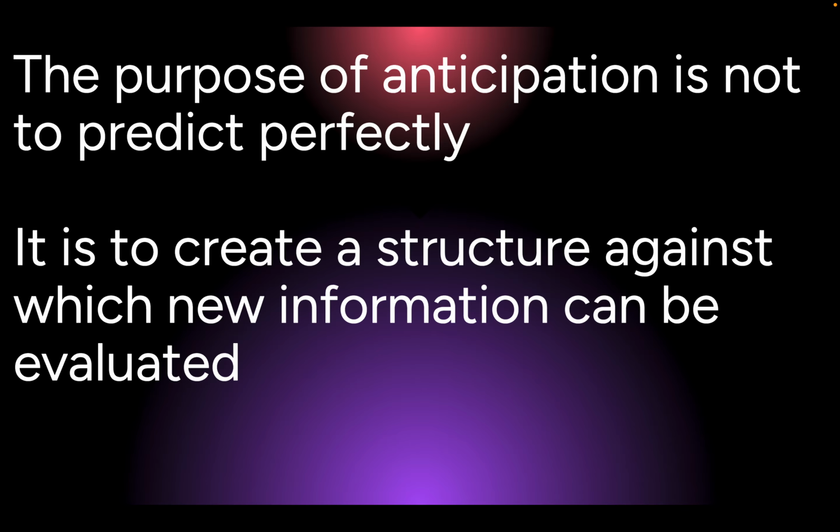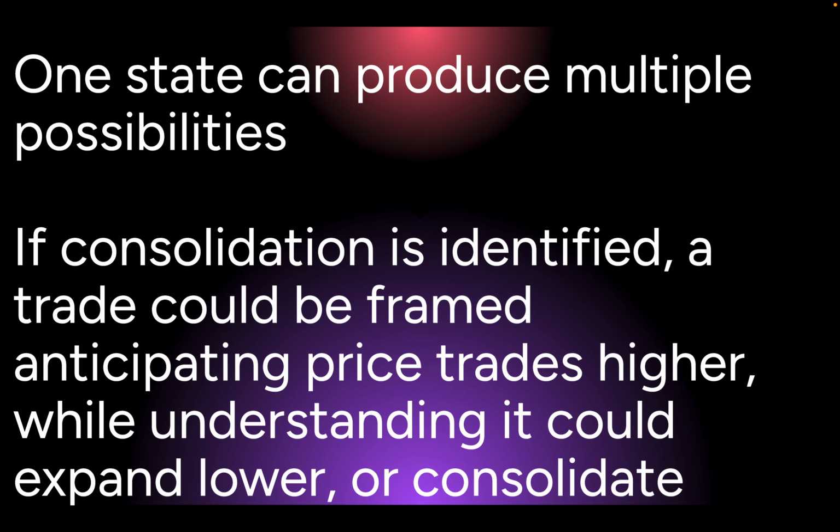The purpose of anticipation is not to predict perfectly. It is to create a structure that you can measure new information against as it comes in, right? One state can produce multiple possibilities. We understand this. Our anticipation could ultimately not pan out, and that is why we use risk management.